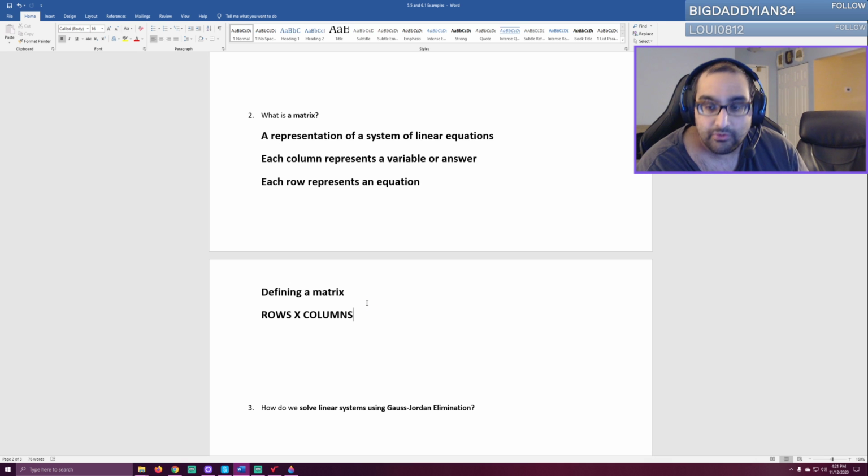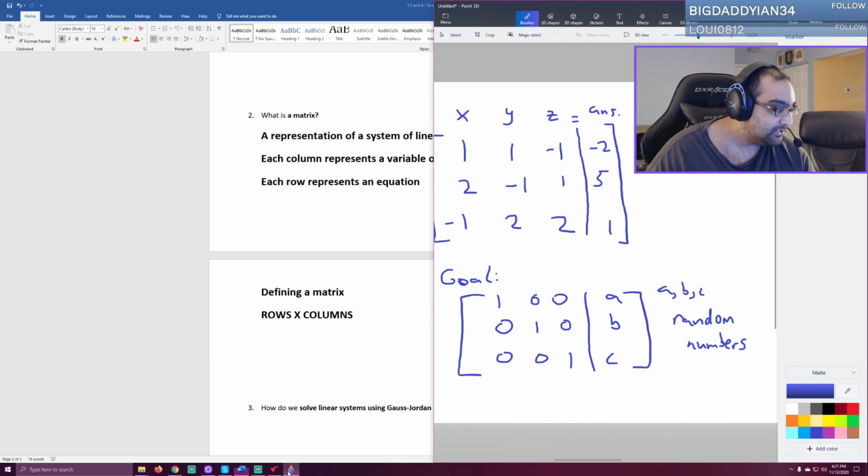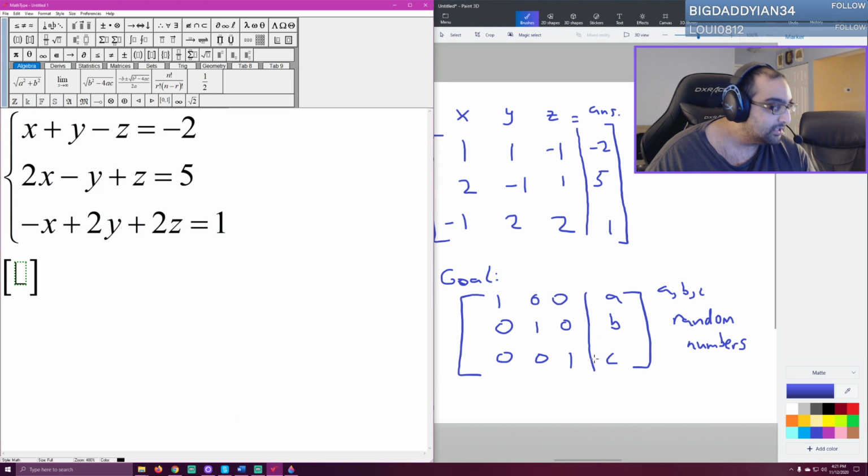So 3 rows and 4 columns, for example, would be this matrix that we see here, so a 3 by 4 matrix.